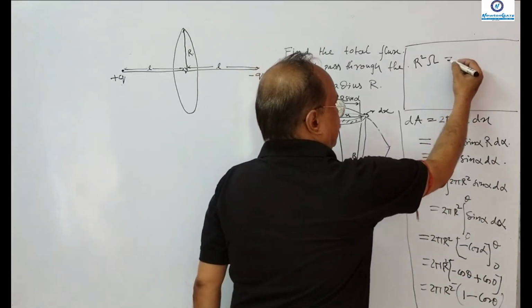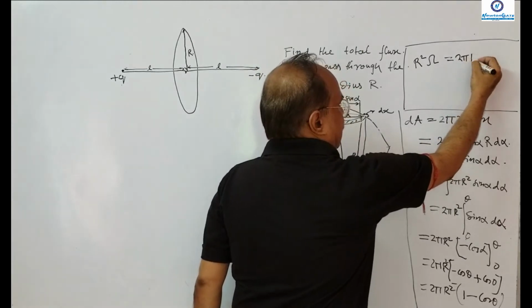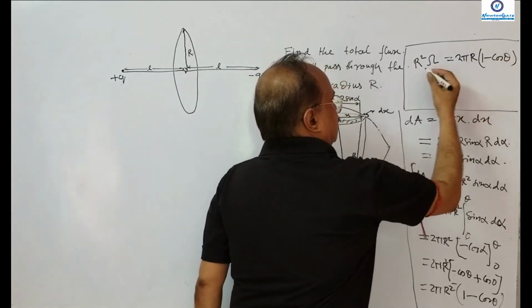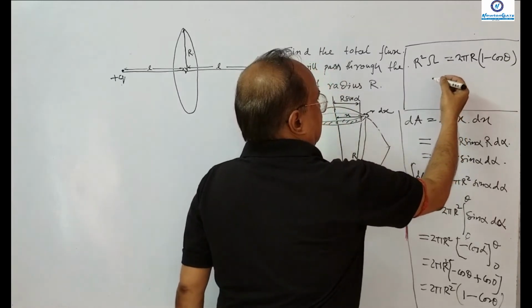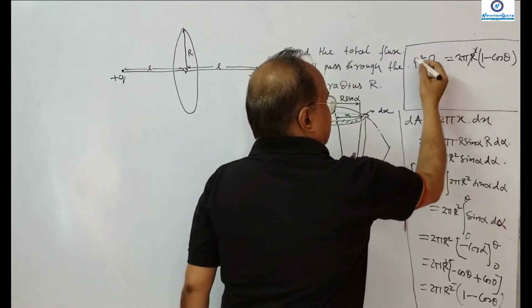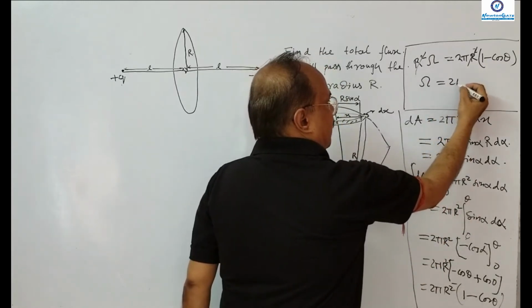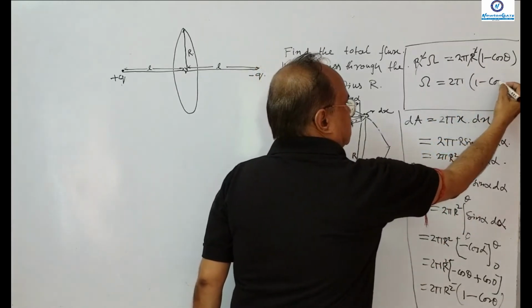So I can put r square omega equals 2 pi r square into 1 minus cos theta. Here the r square cancels out, so the solid angle will be equal to 2 pi into 1 minus cos theta.